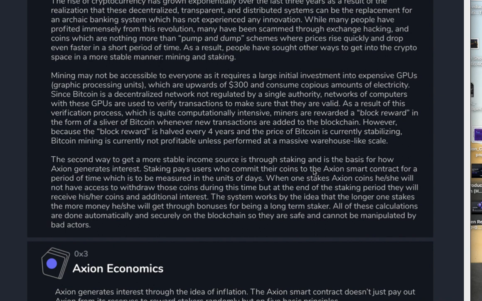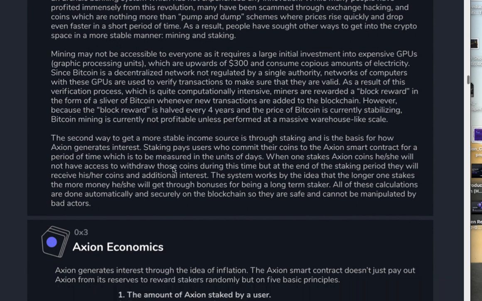As a result of this verification, which is quite computationally intensive, miners receive a block reward in the form of a sliver of Bitcoin whenever new transactions are added to the blockchain. However, because the block reward is halved every 4 years and the price of Bitcoin is currently stabilized, Bitcoin mining is currently not profitable unless performed on a massive warehouse-like scale.